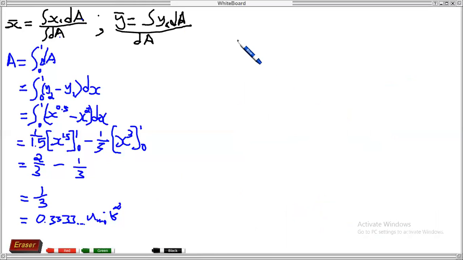Okay, so now we are doing this one for x, from 0 to 1, x dA.